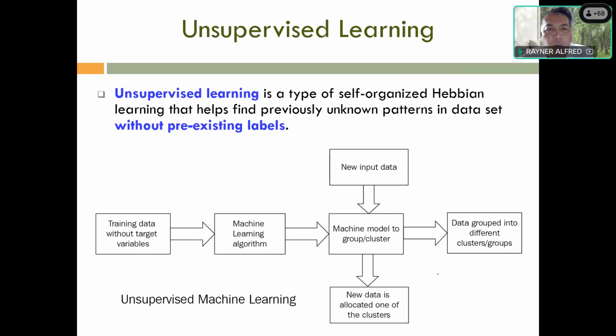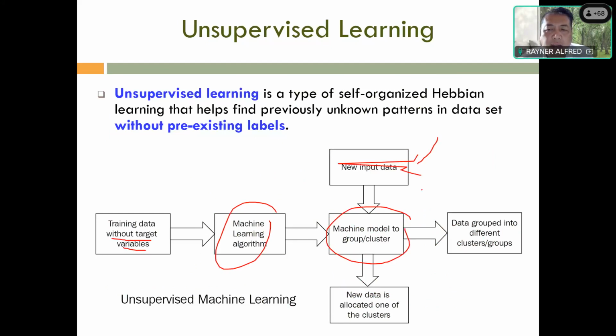Okay, so when we compare to unsupervised learning, we do not have any pre-existing label. We do not have any target label. So we use machine learning basically just to group or cluster items based on their content.